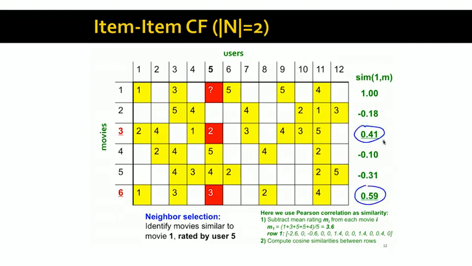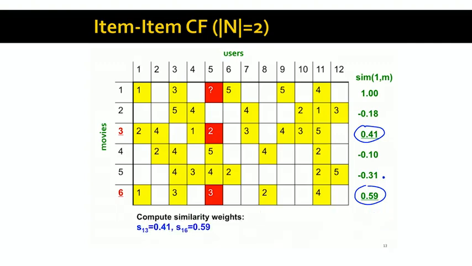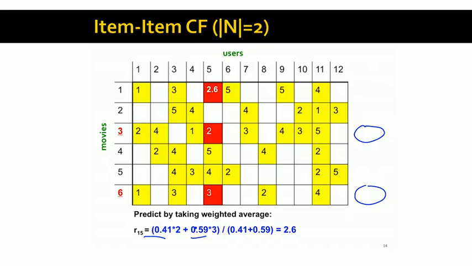So we're going to pick those 2 movies as our neighborhood for movie 1. Once we do that, the similarity values are, in this case, 0.41 and 0.59, and we're just going to use a weighted average estimate to predict the rating for movie 1 and user 5.